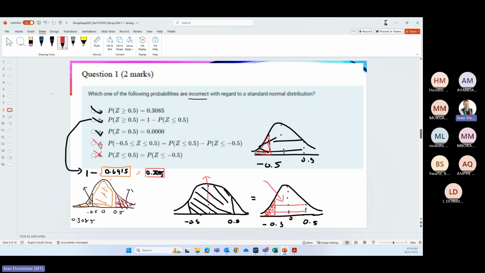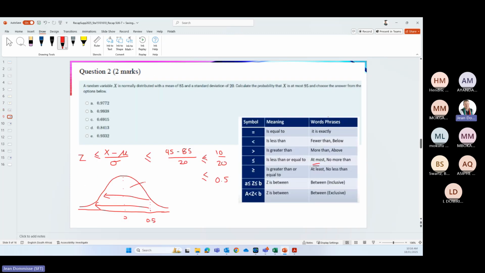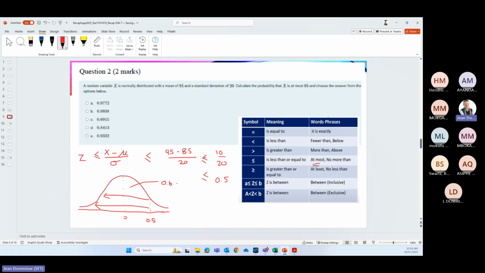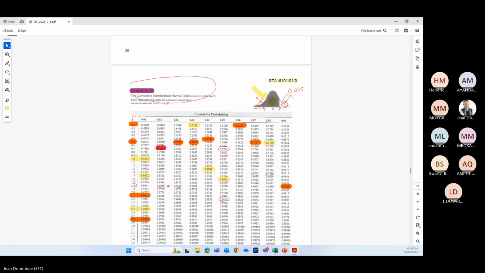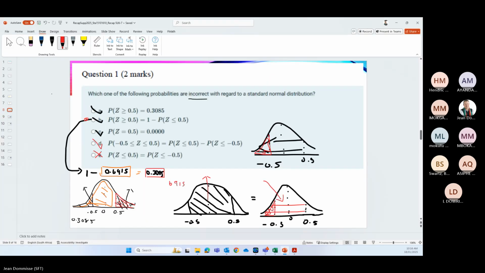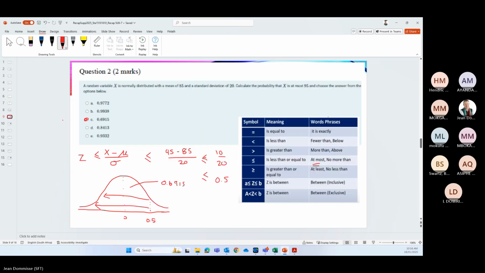Remember, we've seen that whole area in the previous one is 0.6915. Let's quickly go to the table: 0.5, 0.6915. 0.6915 is option C.